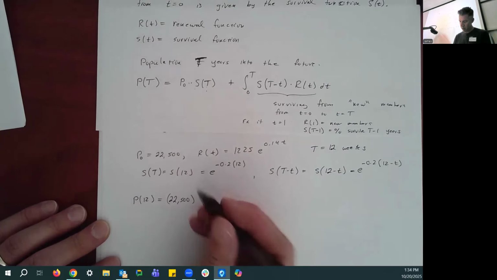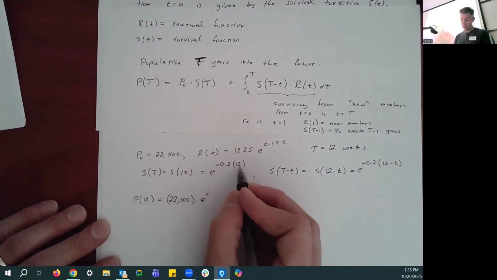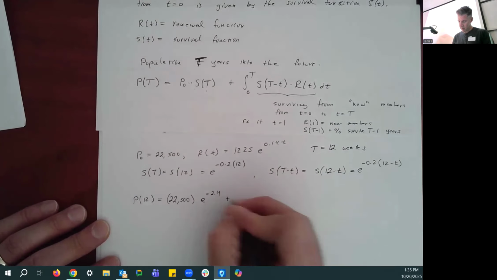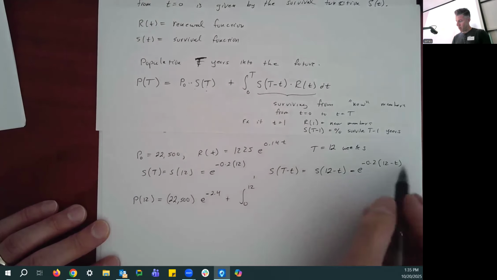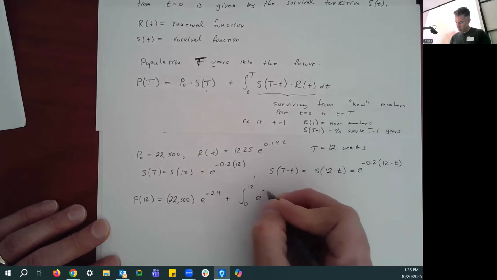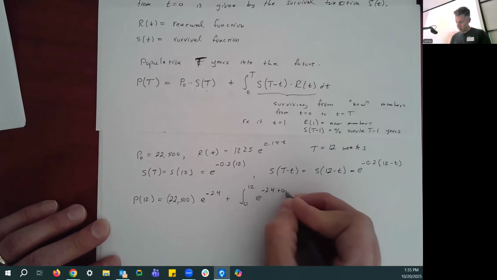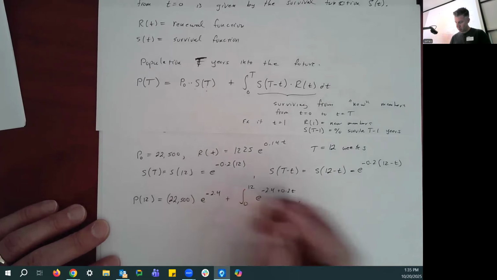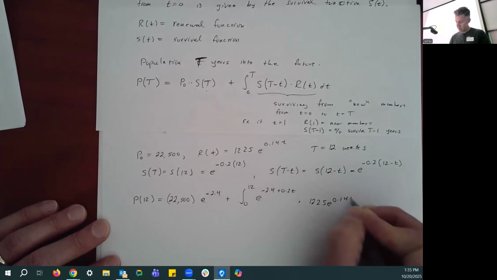Let's simplify that as e to the negative, 0.2 times 12 is 2.4, plus the integral from 0 to 12 of this part here. Again, let's simplify that as e to the negative 2.4 plus 0.2 times t multiplied by my R of t, which is 1,225 e to the 0.14 t dt.